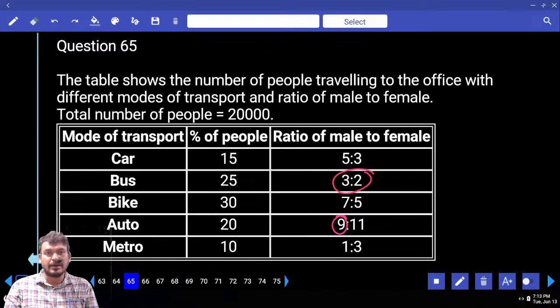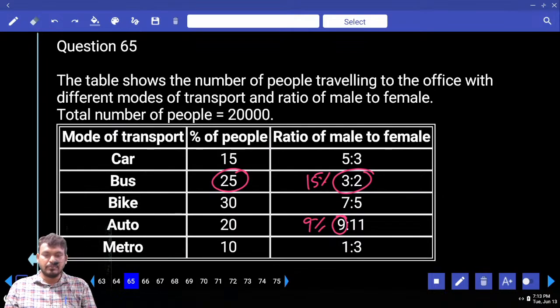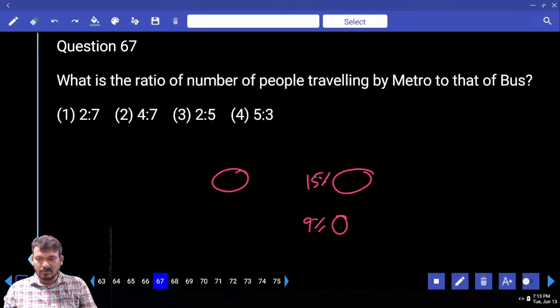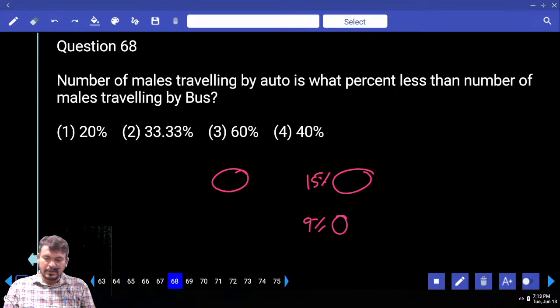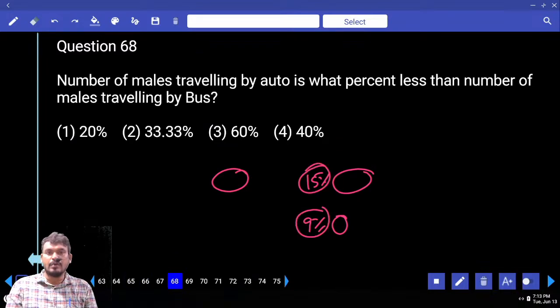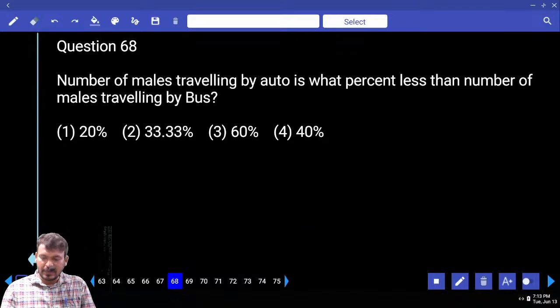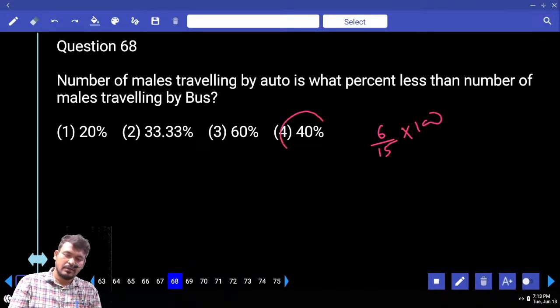Total 5 parts. 5 parts are 25, means 1 part is 5%. 3 parts are 15%. One is 15%, another one 9%. Less or more? Less. 9 compared to 15. How much less? 6. 6 upon 15, 6 by 15 into 100. That is 40%.